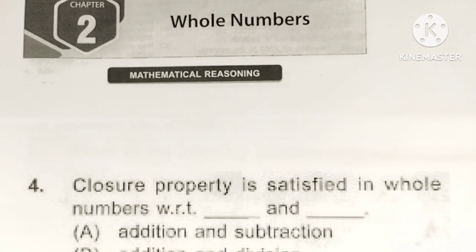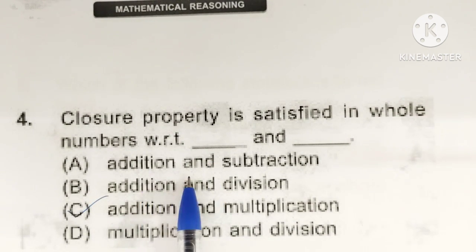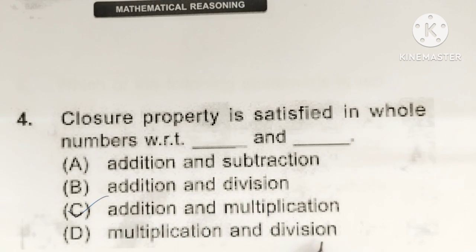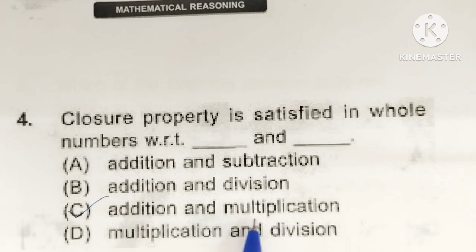Fourth question, closure property is satisfied in whole numbers with respect to dash and dash. A. Addition and subtraction, B. Addition and division, C. Addition and multiplication, D. Multiplication and division. Closure property satisfies only under addition and multiplication.